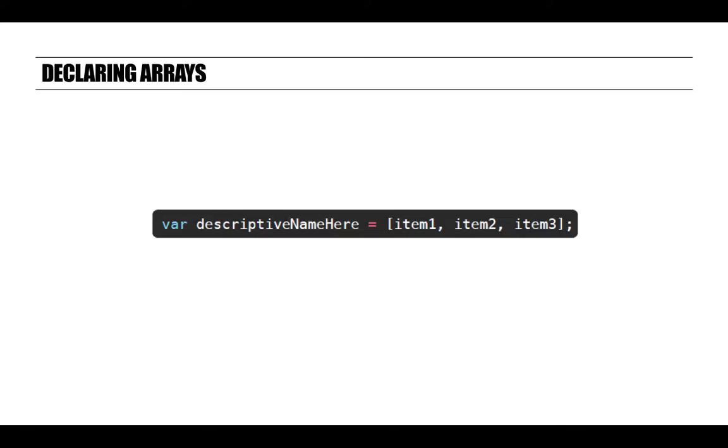When you are working with arrays, you declare it like a variable. So you declare a variable, and now you can assign it a list of objects. An array is going to use those brackets, and whatever you want you can put inside of it. Each item is going to be separated by a comma.